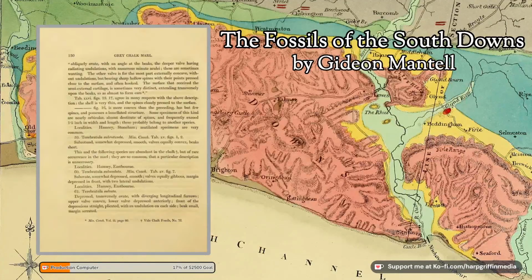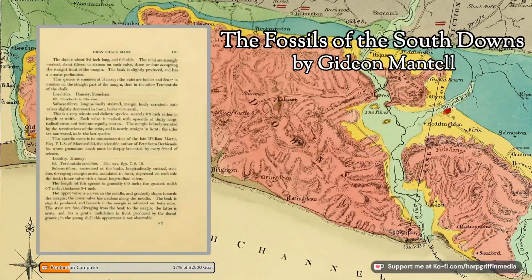61. Terebratula sulcata, depressed, transversely ovate, with diverging longitudinal furrows. Upper valve convex, lower valve depressed anteriorly. Front of the depressions straight, plicated, with an undulation on each side, beak small, margin serrated. The shell is about 0.5 inch long and 0.6 wide.